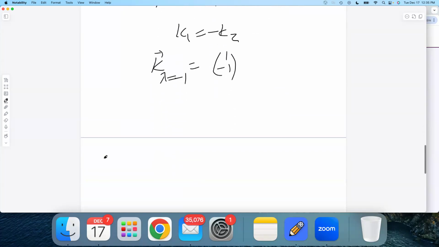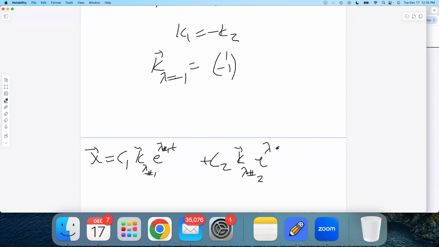Okay, now we're pretty much done. My general solution is the vector x equals C1 times the eigenvector k from the first lambda, lambda number 1. I'm just writing this in general. e to the lambda 1 t plus C2 times my second eigenvector, e to the second eigenvalue, t.